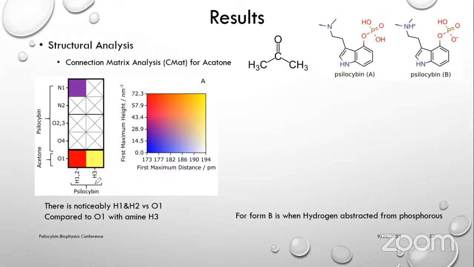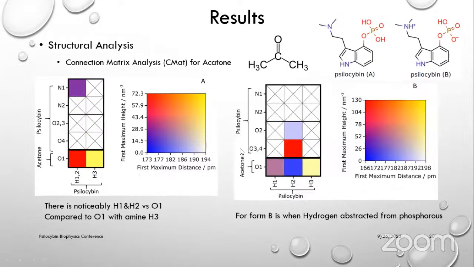When compared to form B, you can see for form A, we have strong interaction between hydrogen 1 and hydrogen 2 in psilocybin form A, which were strongly interacting with oxygen 1 of acetone.